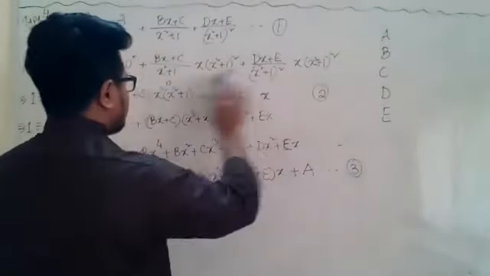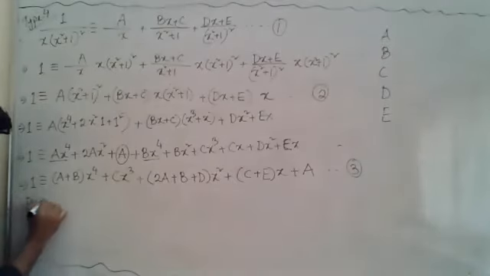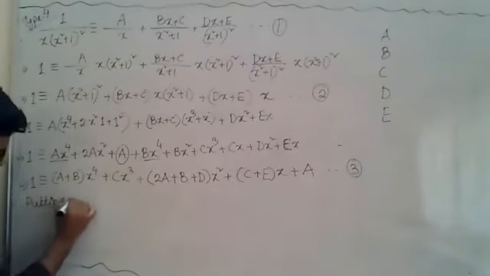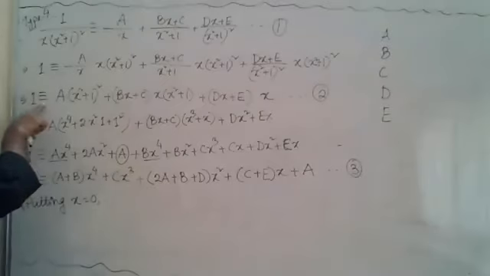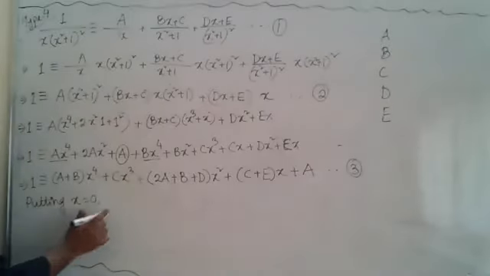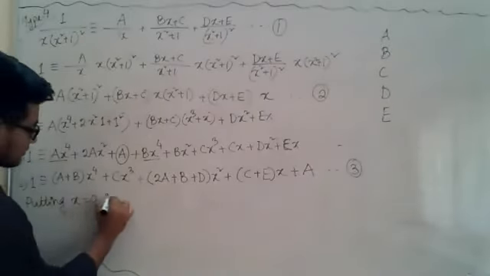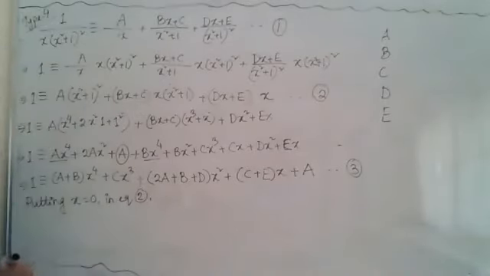So putting x is equal to 0, as this is an identity. Do not forget to give the identity sign here, because that gives you the freedom to put any value of x you want. So putting x equal to 0 in equation 2, you must mention in which equation you are replacing the value, right?